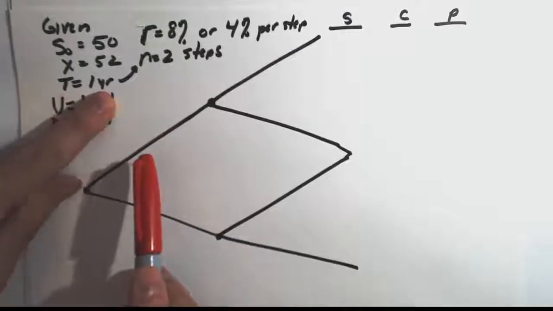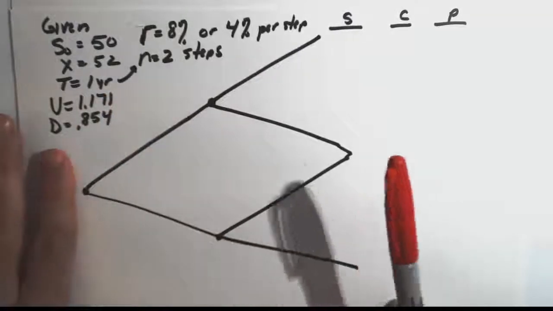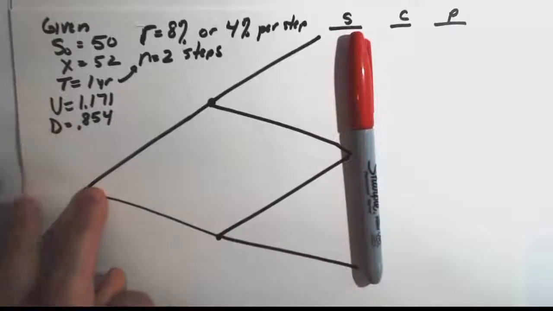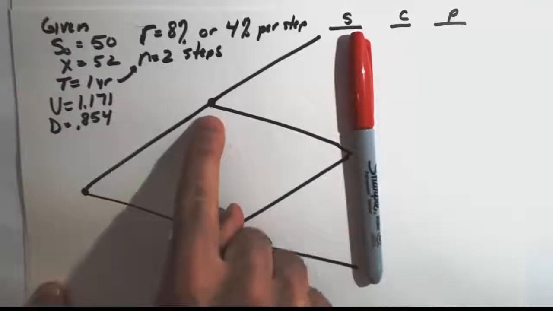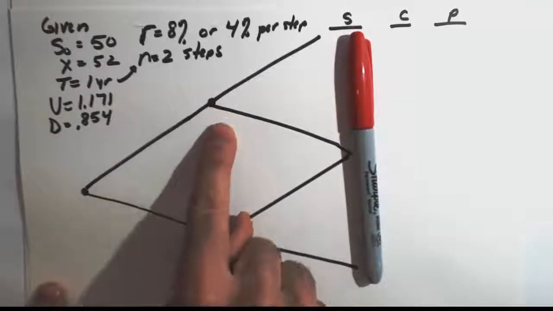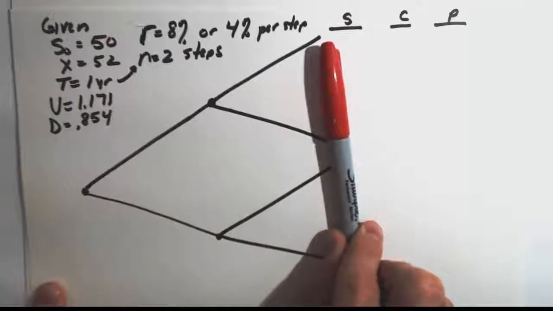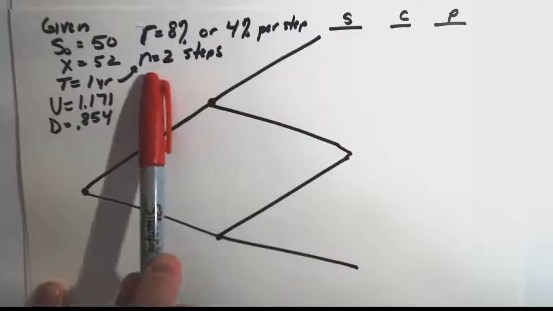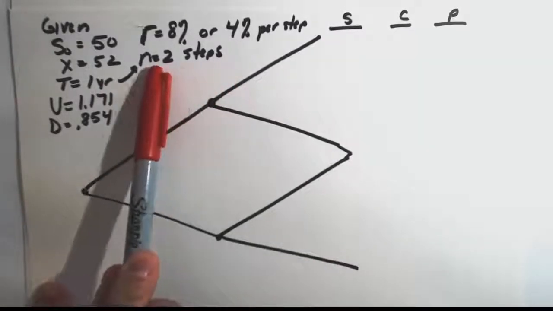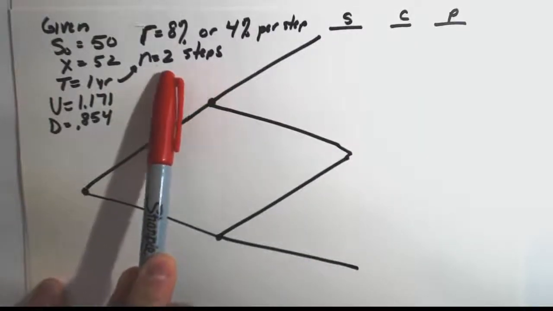We have a whole year, and that's what this lattice work covers: today, 6 months from now, and then another 6 months, and at the end is the 1 year mark. So there are 2 steps. N is 2 steps here.